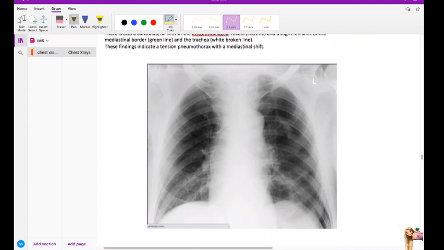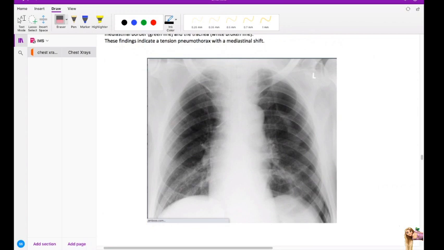What is this? Okay, yeah, this is the deep sulcus sign chest X-ray over here. Can you guys see? I mean, the pneumothorax is not that visible. I think it's over here. No, this is also pneumothorax.